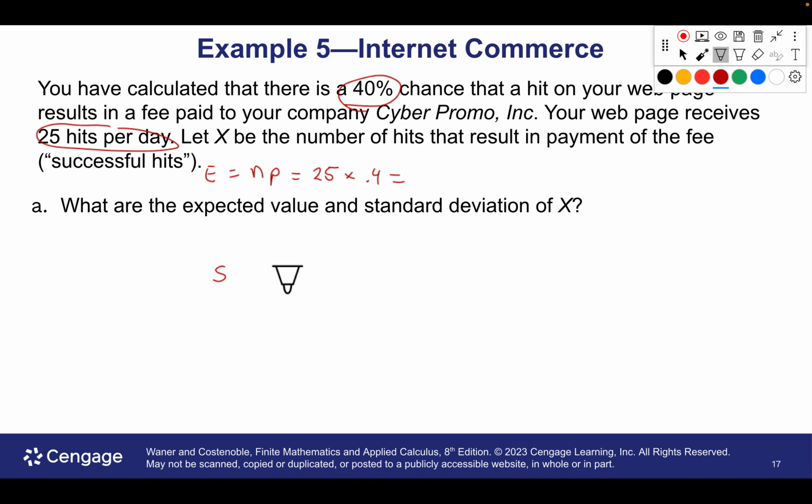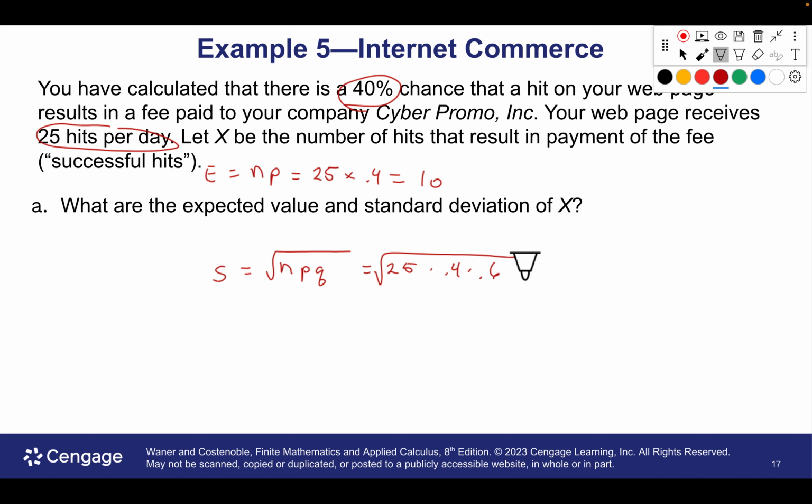What's 25 times 0.4? Anyone got that? Quickly. How much? 10. I should have known that, but okay, 10. So that's our average. Standard deviation is going to be the square root of n times p times q. So that's going to be 25 times 0.4 times 0.6, square root of that.